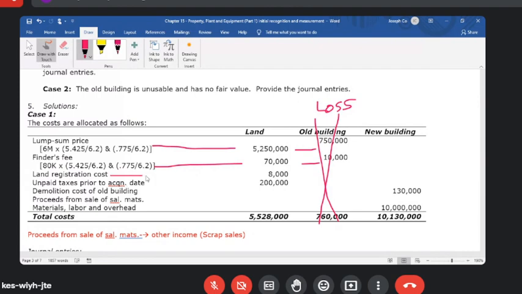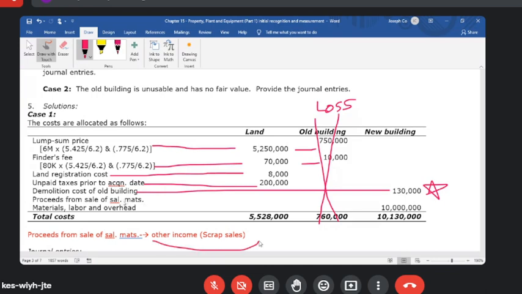Land registration, land. Unpaid taxes prior to acquisition date, land. Demolition cost of old building. New building po siya, no? Tapos yung proceeds from sales of salvage material, no, other income po siya or scrap sales, no?